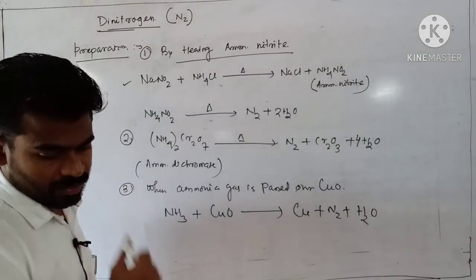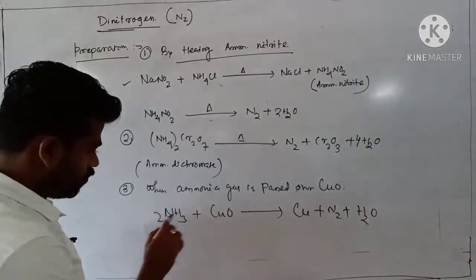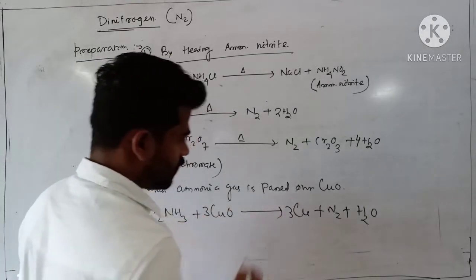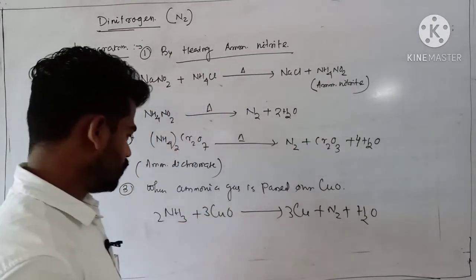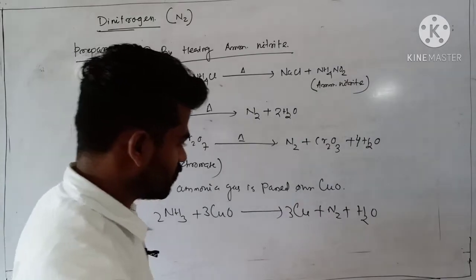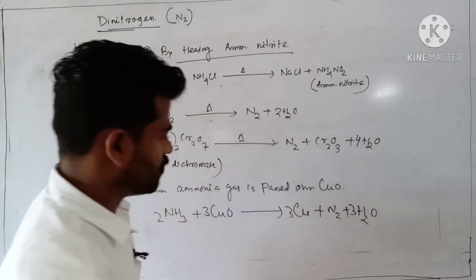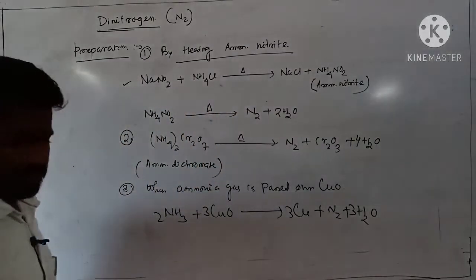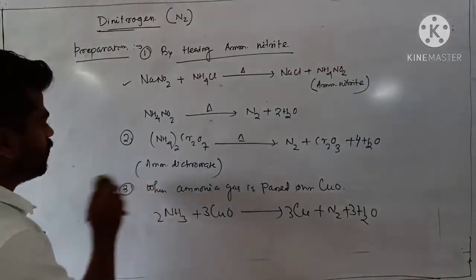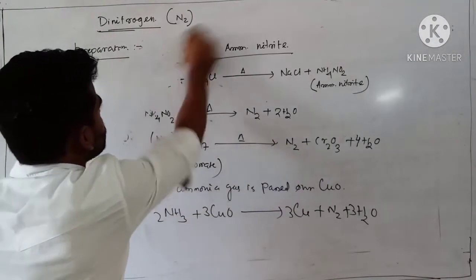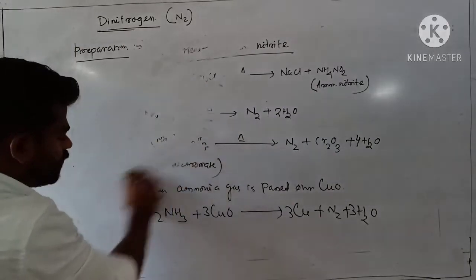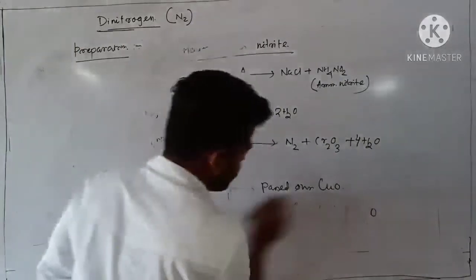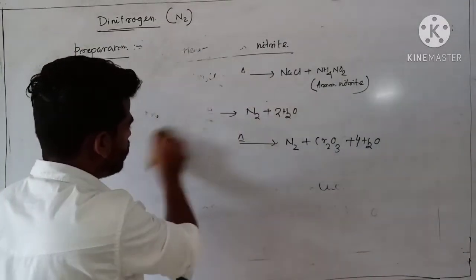If you balance this equation, 2, 3 and 3, there are 6 hydrogens on both sides and 3 oxygens, so the equation is balanced. These are the important preparations of dinitrogen.